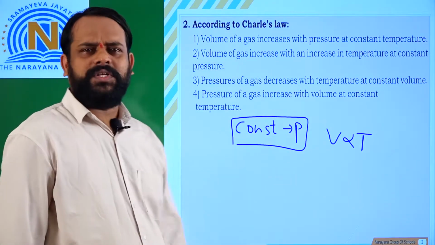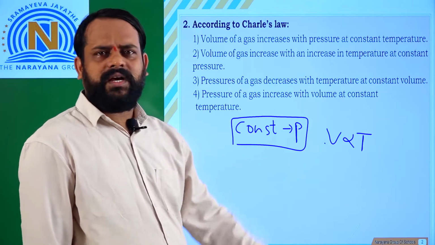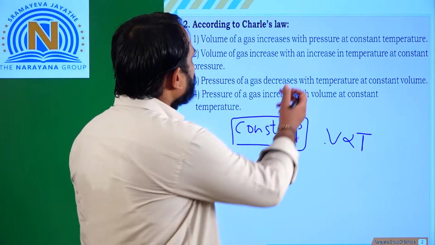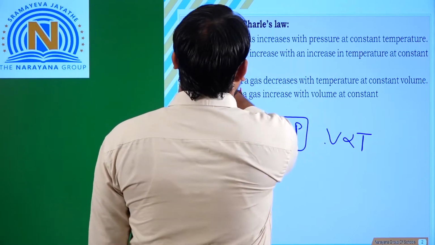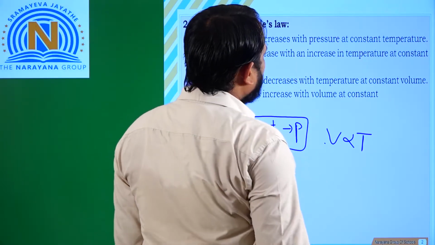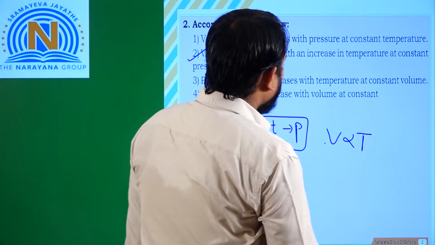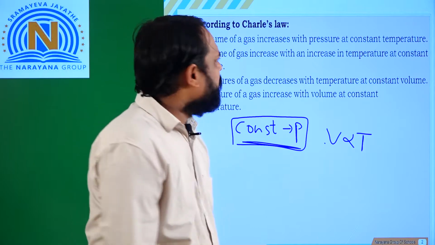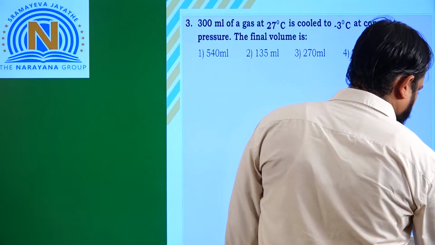So in this, which option is correct? The second option is correct. That means the volume of the gas increases with an increase in the temperature at constant pressure. This is Charles law. And we'll move to the next question.